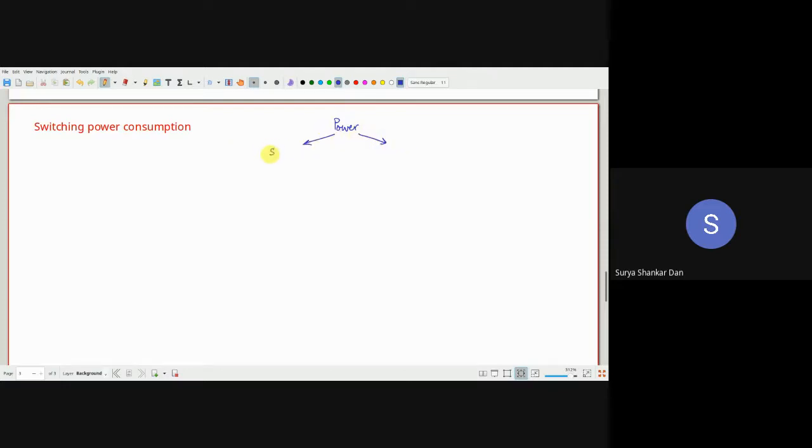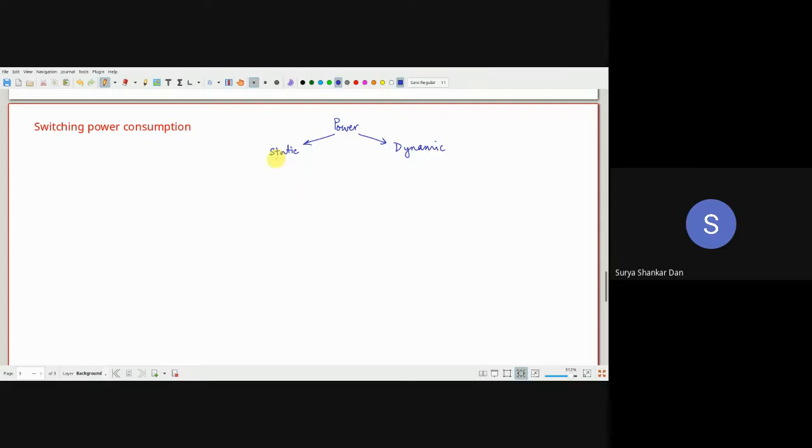One is called the static power. This is the standard way, static power, and the other one is the dynamic power. Okay, please understand this important thing, because this is the portion where you can expect questions in your interviews very often.